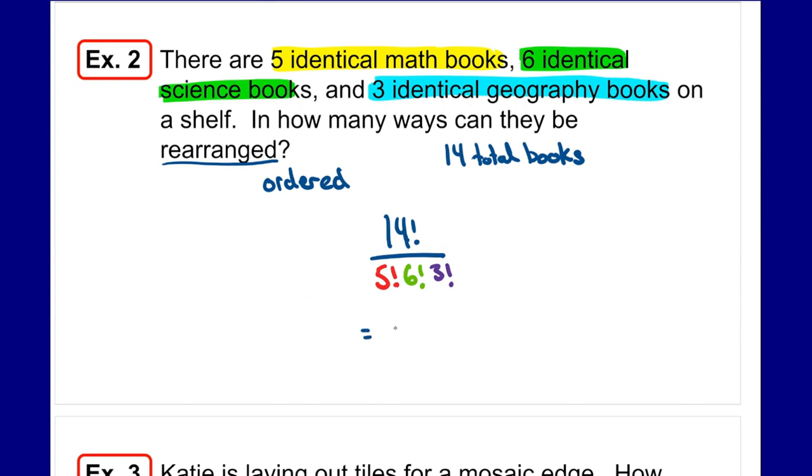And when we calculate this in the end, 168,168 ways. So again, by dividing by those factorials, we are taking into consideration the arrangements where we have the math books in the same spot. Even though they might be a different book, it might appear the same though.